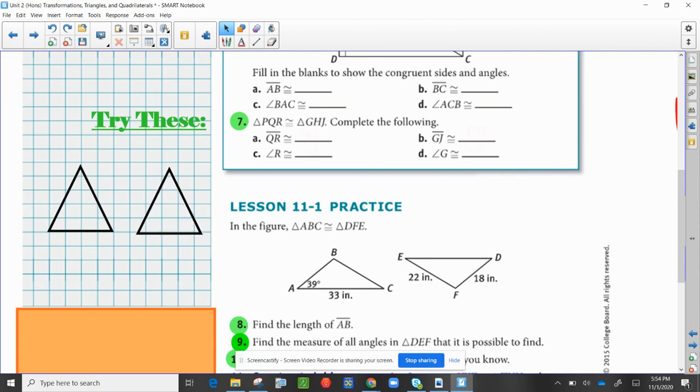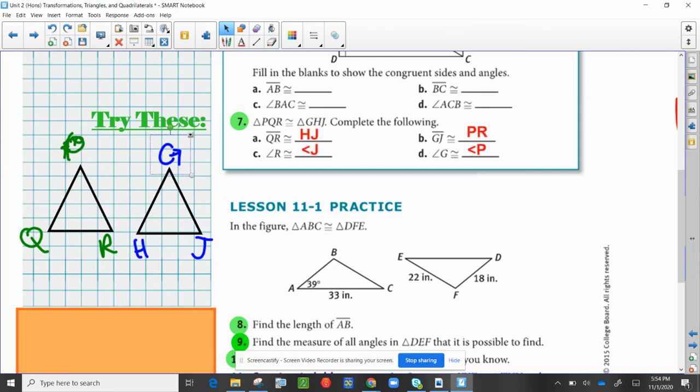Again, draw some triangles out if it helps you and label them. Okay, so if I'm labeling these triangles, I'm making sure to label them in the exact same order. And then I can clearly see which one should pair up with each other. So QR would pair up with HJ.